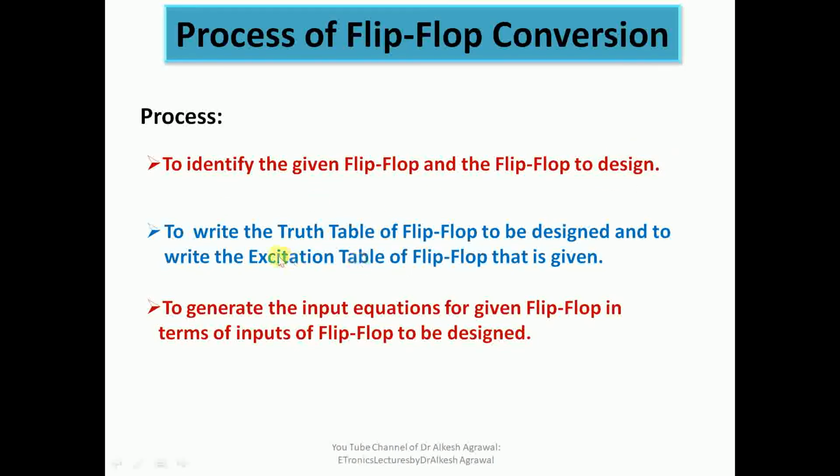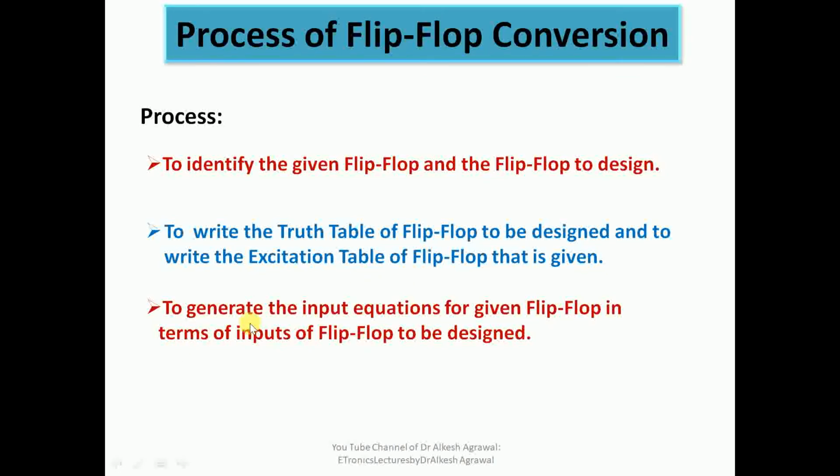Second, we have to write the truth table of the flip-flop that is to be designed, and for the flip-flop that is given, we have to write the excitation table. This is step number 2.